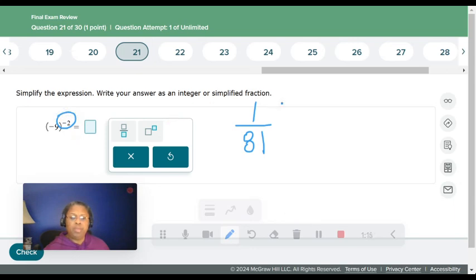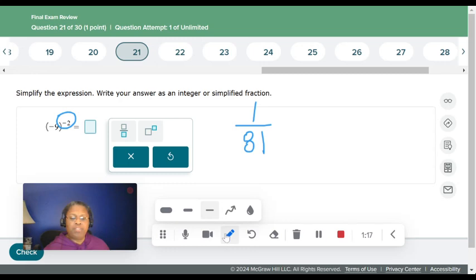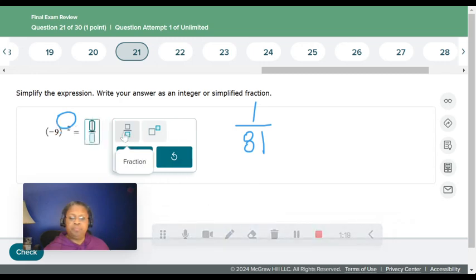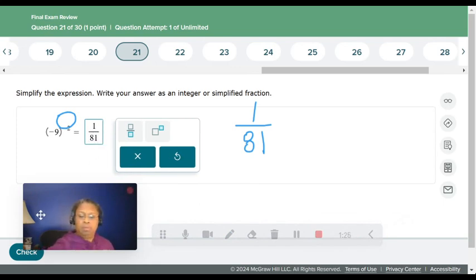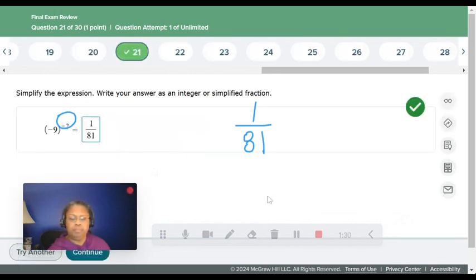So we would square it and then write it in fraction form. So just remember that the negative exponent means you're going to write it in fraction form. The amount of the exponent still tells you how many times you're going to multiply the base times itself.